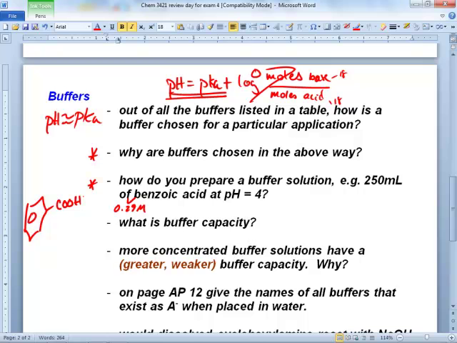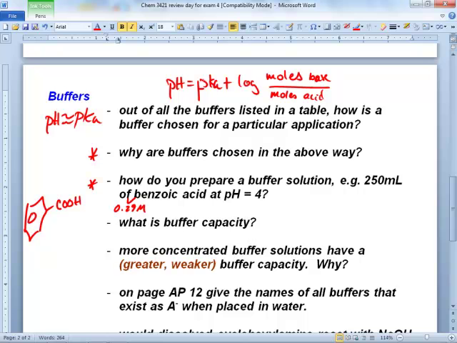Because all you're doing when you add acid and base, Miriam, is what? What's happening in the Henderson-Hasselbalch equation when you're at that last step that Adriana was talking about? Okay.